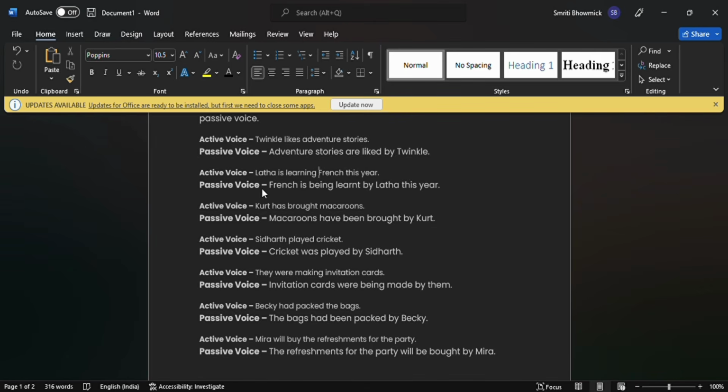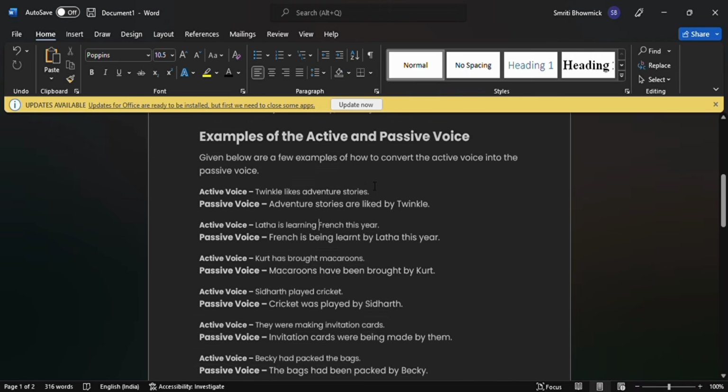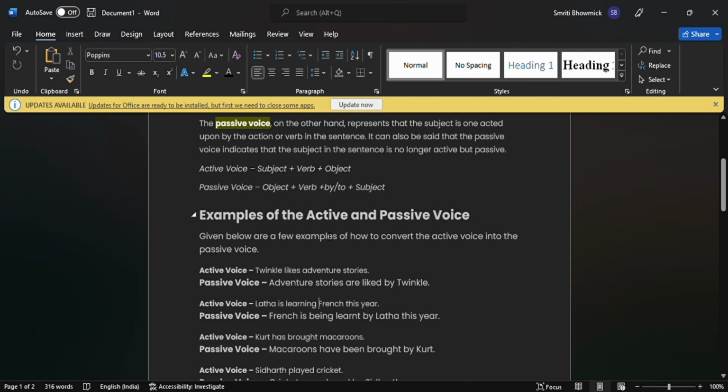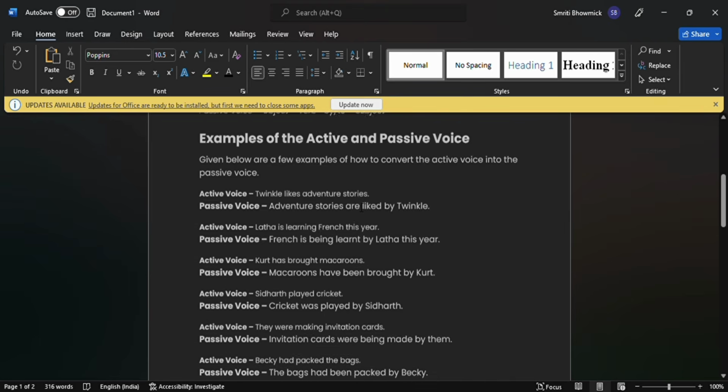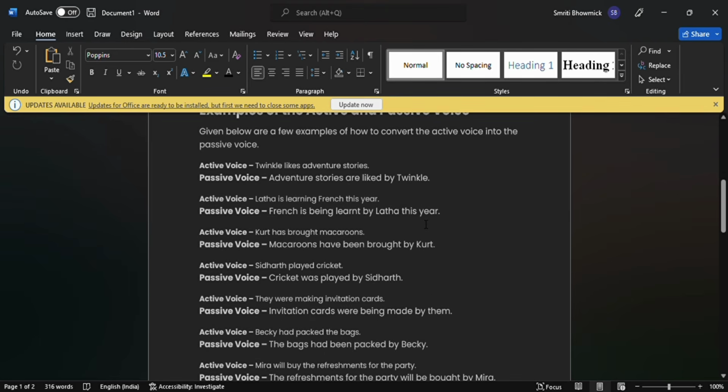Here the past participle form of the verb learn is learnt, so we used it here. Then we have written by, and at last the subject and the other object, this year. We have just kept the main object French in the first position. We have not prioritized this second object, which is not important here.